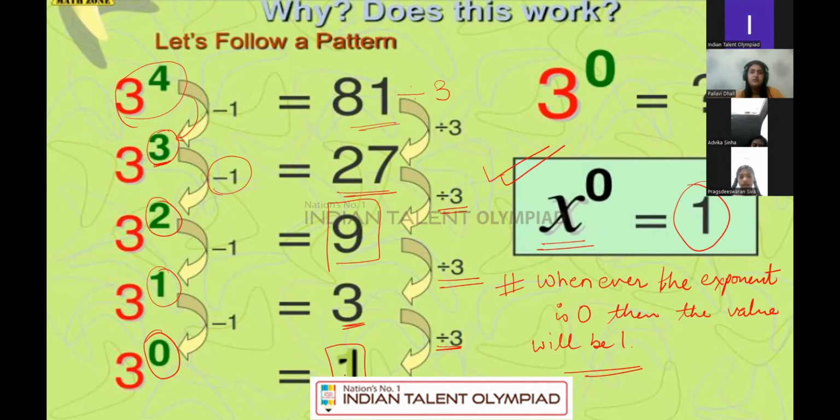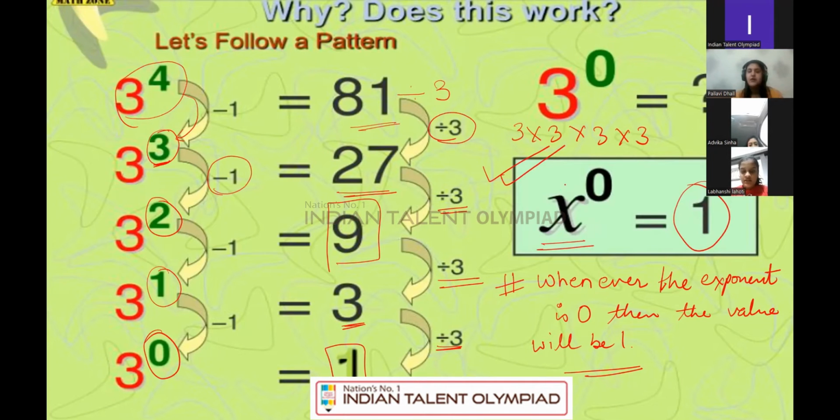Yes, ma'am. Can you make me understand why we have used this -1 here? This is a pattern: when we reduce the exponent by 1, we have to divide by 3, because if you see 3 times 3 times 3 times 3, there are 4 3's.